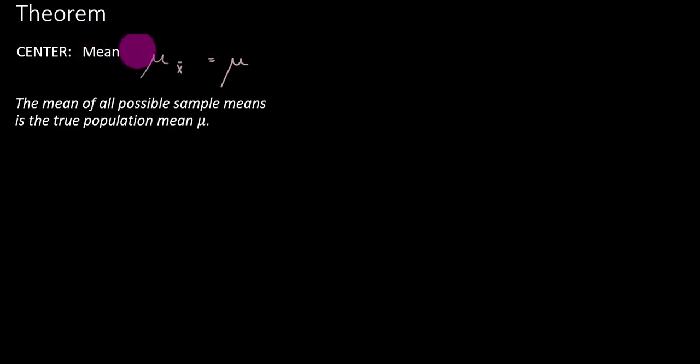Hopefully that makes intuitive sense. I know this notation looks kind of repetitive, but this is saying that the mean of sample means is the true parameter, the true population mean.